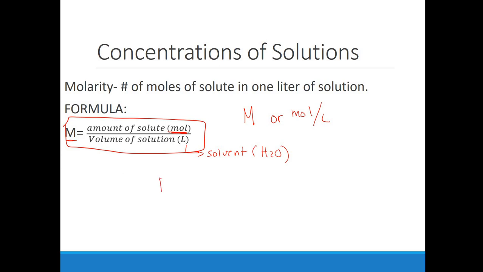The higher the molarity, the more solute is present, meaning the stronger, the closer to supersaturated the solution is. The lower the molarity, the more diluted the solution is, meaning weaker.